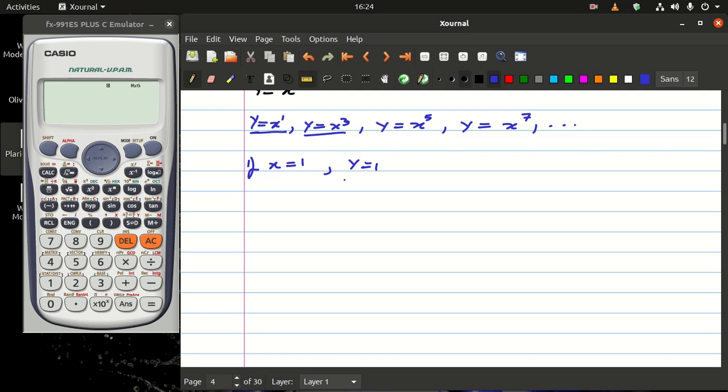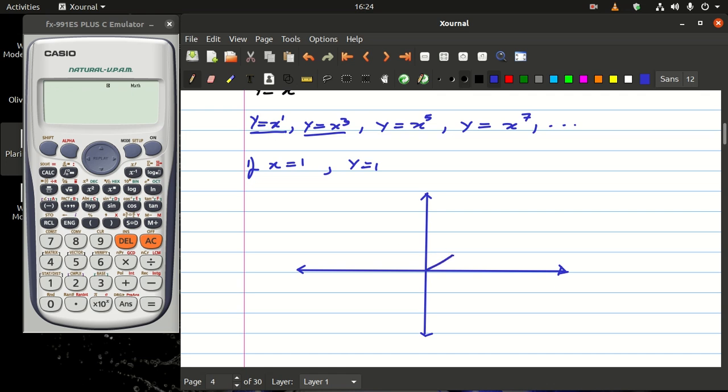Now, if you are plotting this, of course, it's always easy to plot the linear function. This one is easy. Everyone knows it.